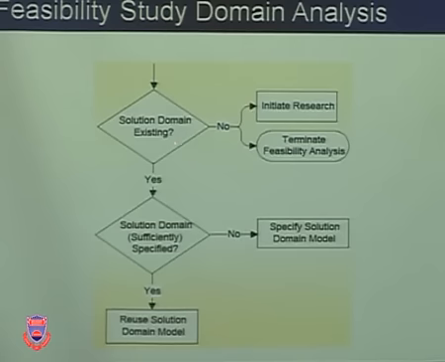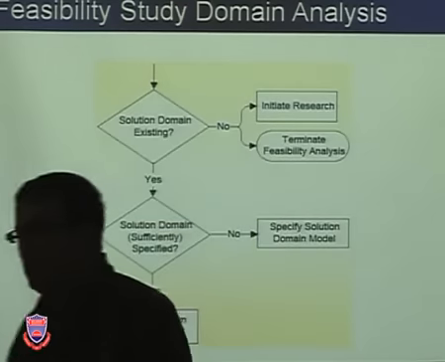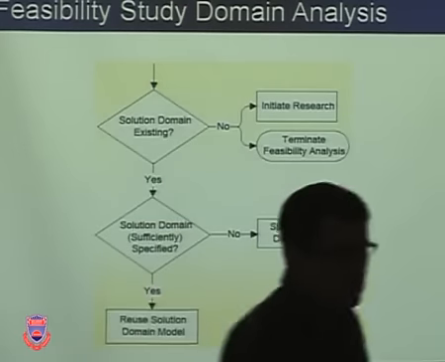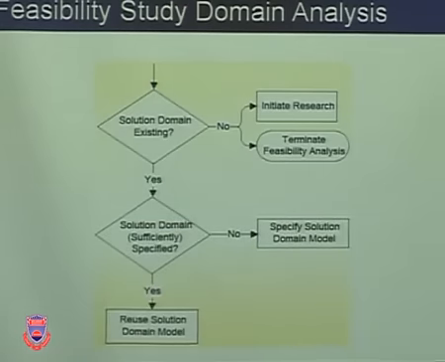So solution domain, if that's existing, if it's yes, that's our assumption here, then if it's sufficiently specified, then we reuse it. If not, we specify the solution domain. That is, we do domain analysis, we do domain model, we define the glossary, we define the feature diagrams, we define the conceptual model, everything.